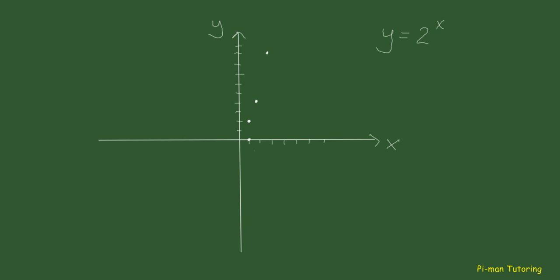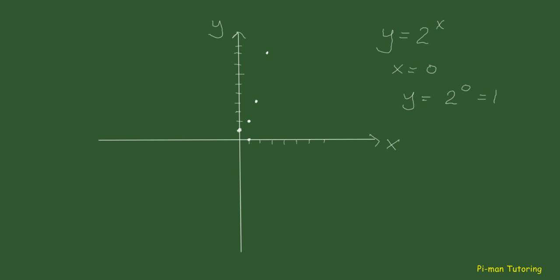Now, what happens at x equals 0? We have y is equal to 2 to the power of 0. 2 to the power of 0 is 1. In fact, anything to the power of 0 is 1.